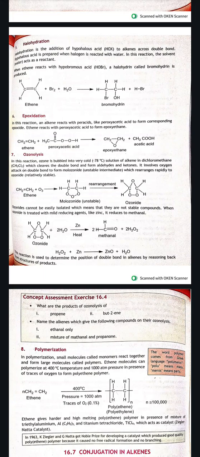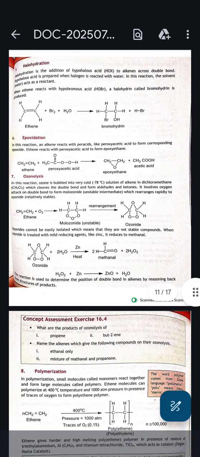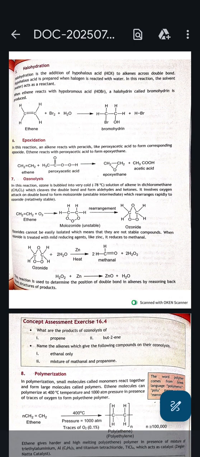Now we have the next reaction, that is halohydration. Halohydration is the addition of hypohalous acid to alkene across the double bond. Hypohalous acid is prepared when halogen is reacted with water. In this reaction, the solvent water acts as a reactant. So ethene will react with bromine and water.